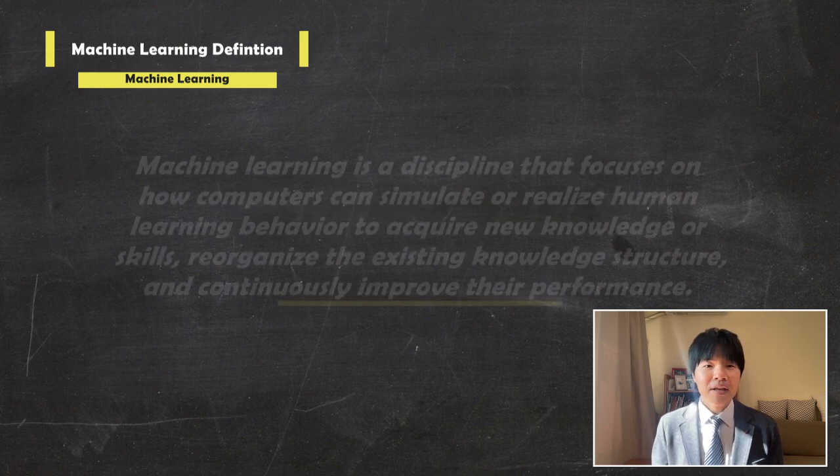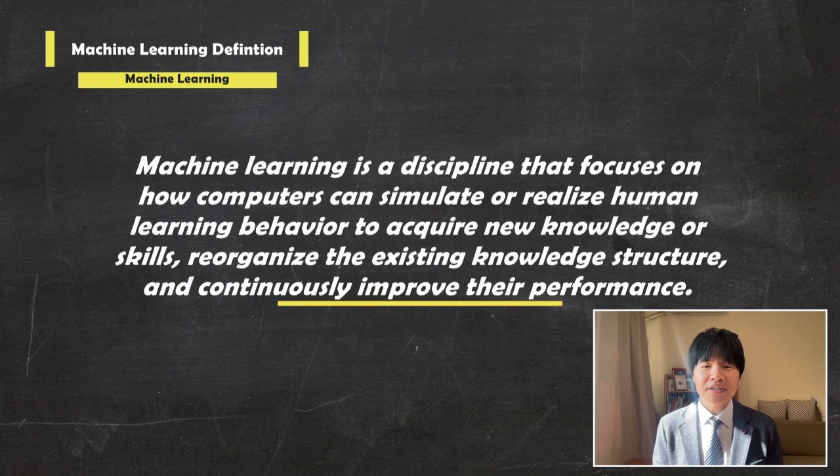Okay, machine learning is a discipline. It studies how computers can simulate or realize human learning behavior to acquire new knowledge or skills, reorganize the existing knowledge structure, and continuously improve their performance.